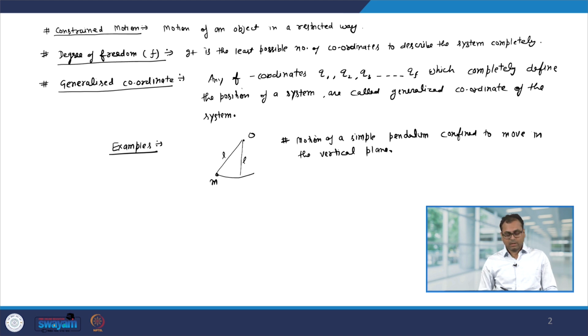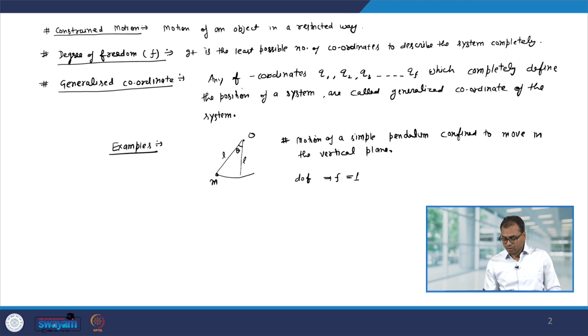Here you can see that just by one coordinate which is theta, I can define where the particle is because L is fixed. Therefore, its degree of freedom or DOF, which we also denote by f, is equal to 1. Again, why? Because just by one coordinate theta, I can define the position of the particle.